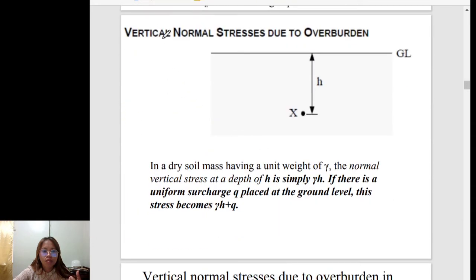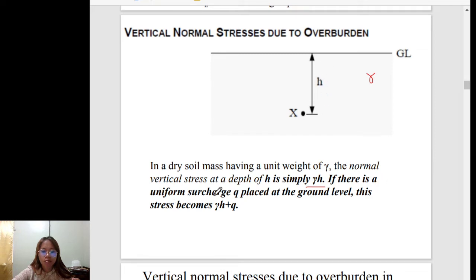We have this vertical stress due to overburden. In a dry soil mass having a unit weight of gamma, the normal vertical stress at depth h is simply equal to gamma, the unit weight, times this height.